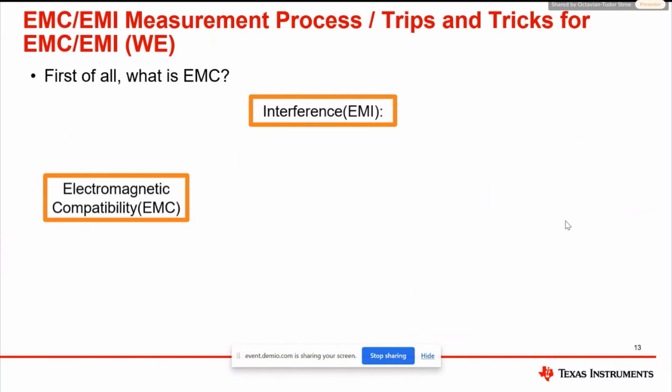So electromagnetic interference, EMI, is the amount of electromagnetic energy generated by my device, and electromagnetic susceptibility, EMS, is how well this device can function in the presence of unwanted electromagnetic interference.